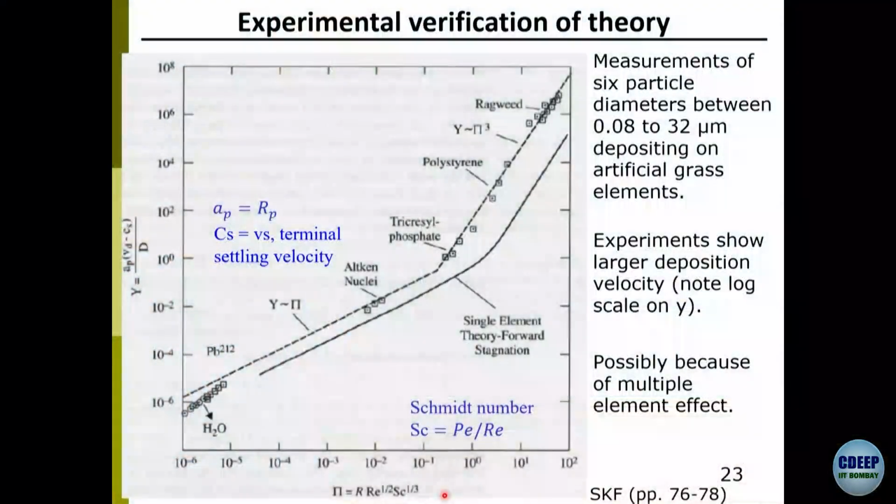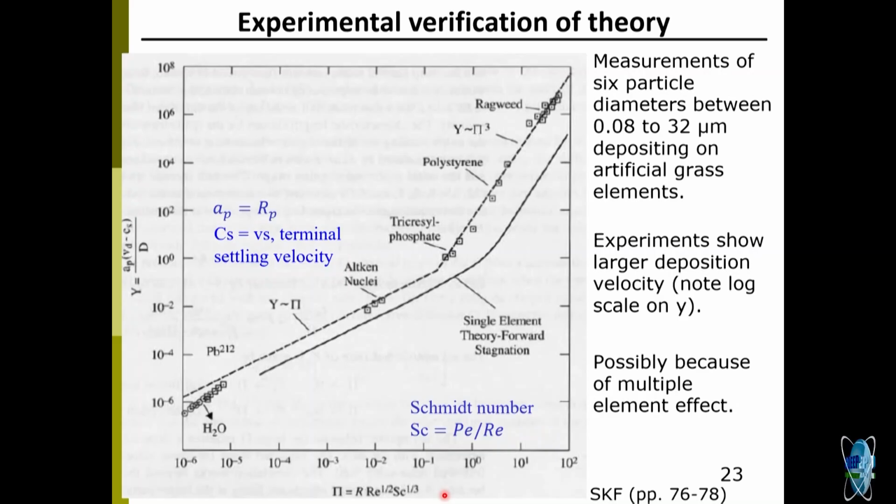That is what is in the lower part of the curve, and you can see that it is proportional to x, which is the diffusion limit, right? And the upper part of the curve is proportional to an x cubed or a pi cubed, as it's shown over there, which is your interception limit, right?